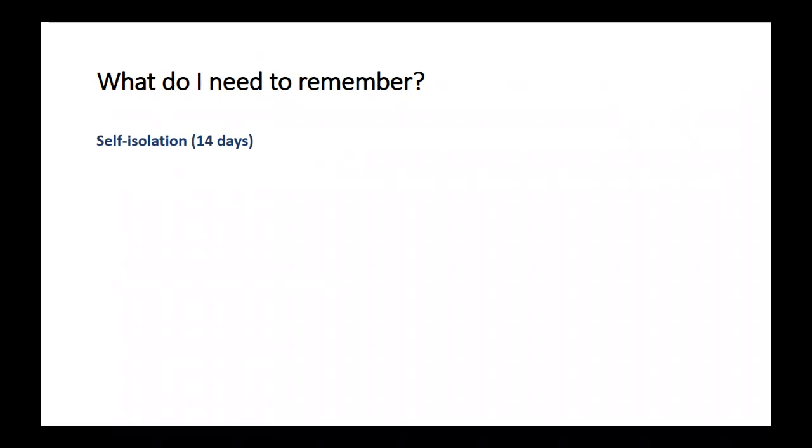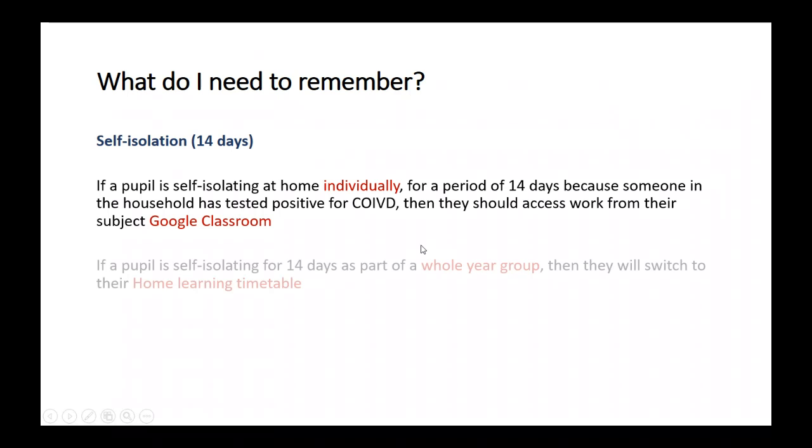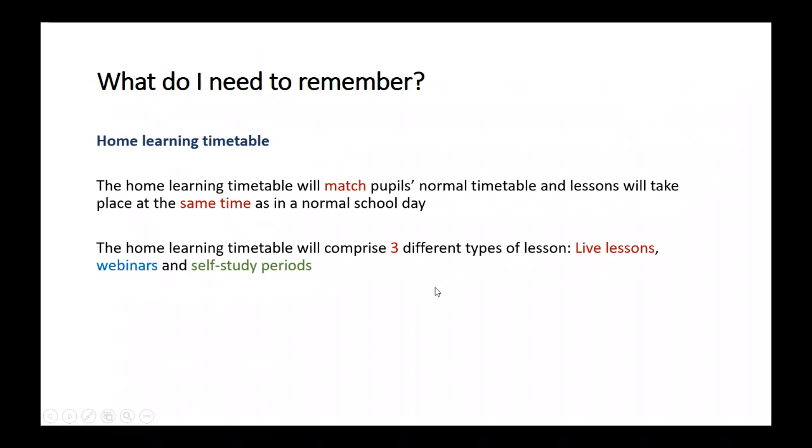Firstly, when a pupil is self-isolating for 14 days, if they're self-isolating individually because someone in their household has tested positive for COVID, then they should access their work from their subject Google Classroom pages. If they're self-isolating as part of a whole year group, then they will switch to the home learning timetable. The home learning timetable will match pupils' normal timetable and lessons will take place at the same time as in a normal school day.